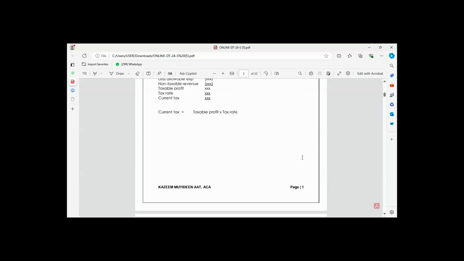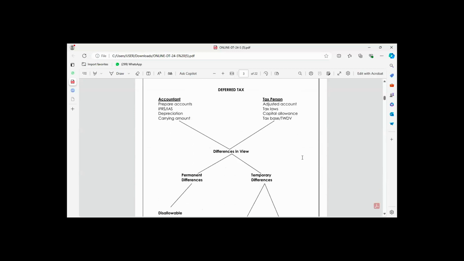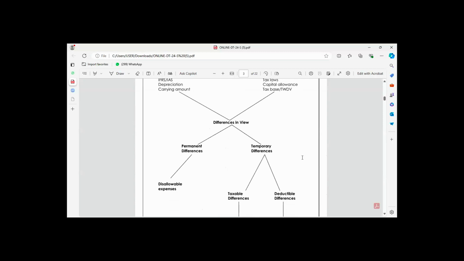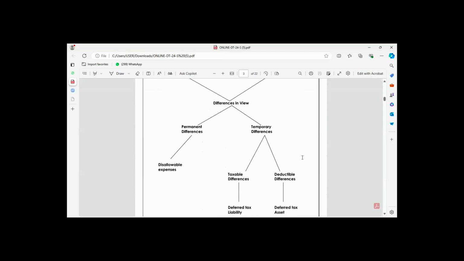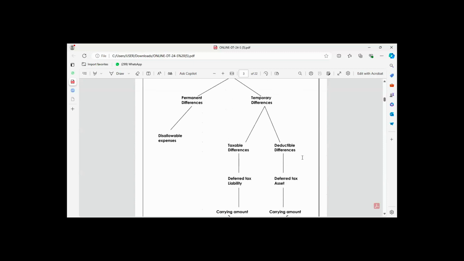Then for the deferred tax, which they normally also call a timing difference, that is the temporary difference. It can be permanent difference or temporary difference. Permanent difference is a disallowable expense, while temporary difference can lead to two things: taxable difference and deductible difference.